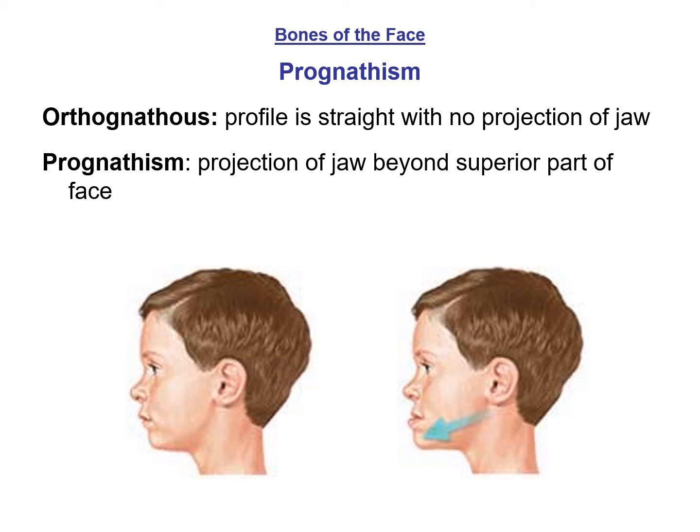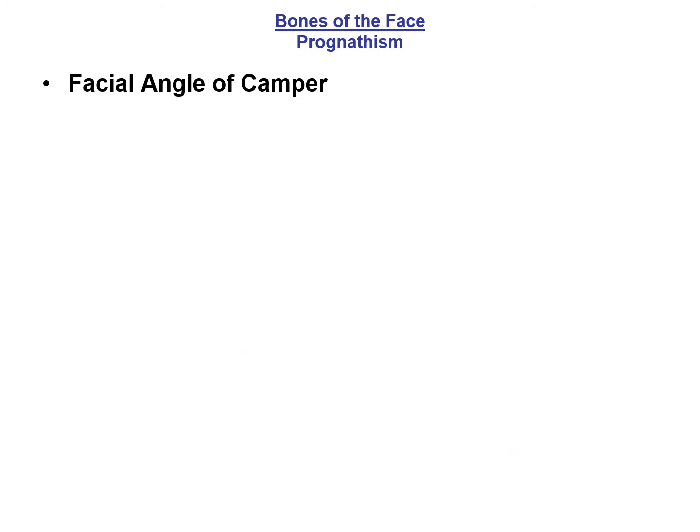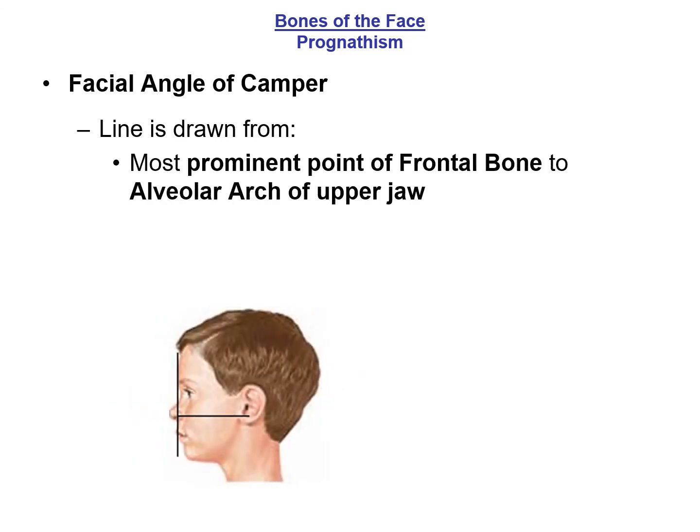Now, how they determine if somebody has a prognathism is something called the facial angle of Camper. The facial angle of Camper is an intersection between axes of the face. So what they do is they draw a line from the most prominent point of the frontal bone to the alveolar arch of the upper jaw. So basically from your forehead to your upper lip, that vertical line.